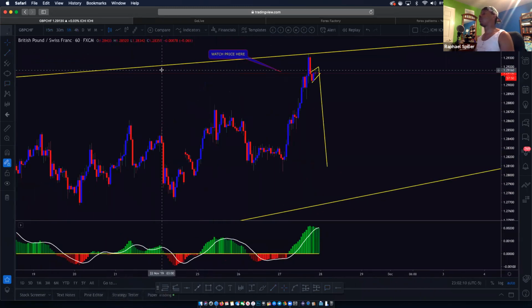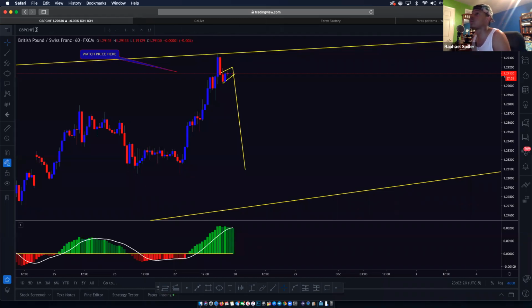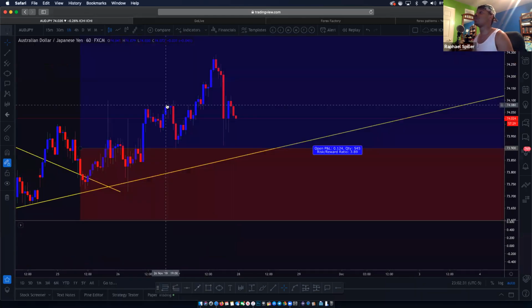We're not sure. I don't want to completely say this is going to sell off. I don't trust any 15-minute pattern. So even on GBP NZD, I don't really trust it. I like it to flag all the way to the hourly. After it gets to the hourly, I know that it might go in this direction, or I know it's going in this direction. All right, AUD pairs, AUD JPY.